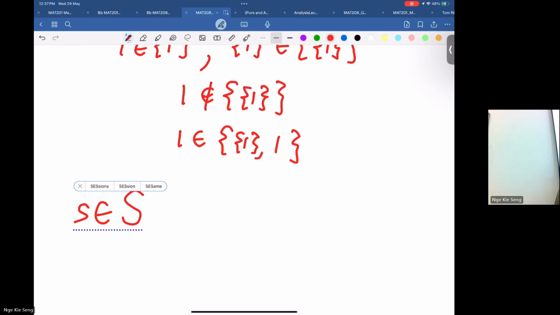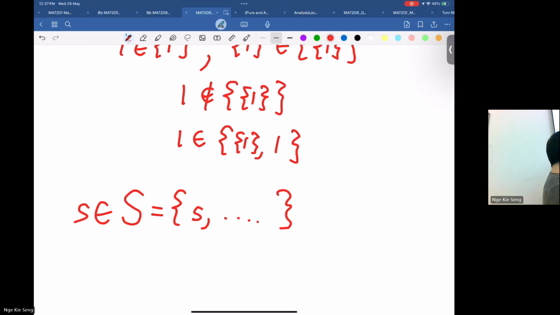Oh, this means if I write X as a set, this set here contains X. That's all. This is the definition. S is a set containing S.